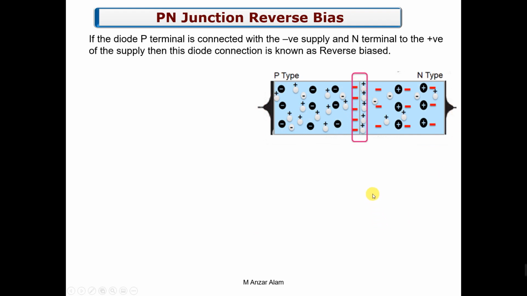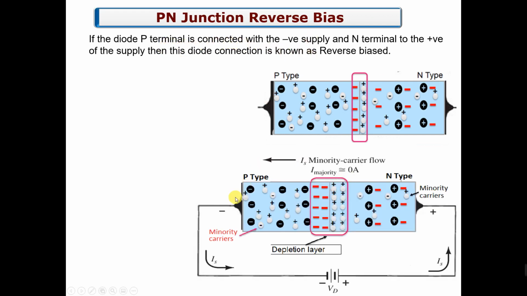If the diode's p-type terminal is connected with the negative supply and the n terminal is connected to the positive supply, this connection is known as reverse bias. Let's study more about the reverse bias.